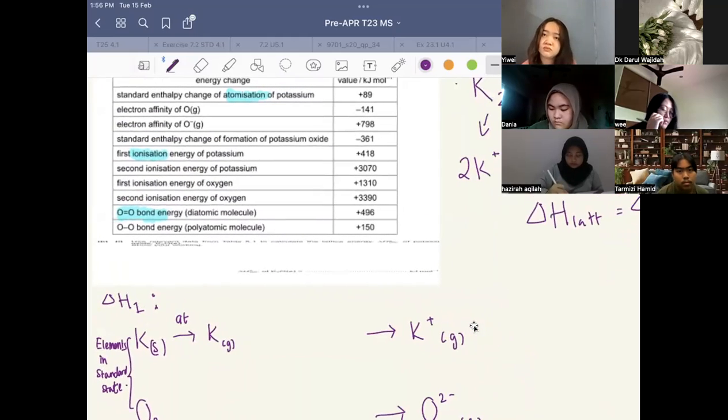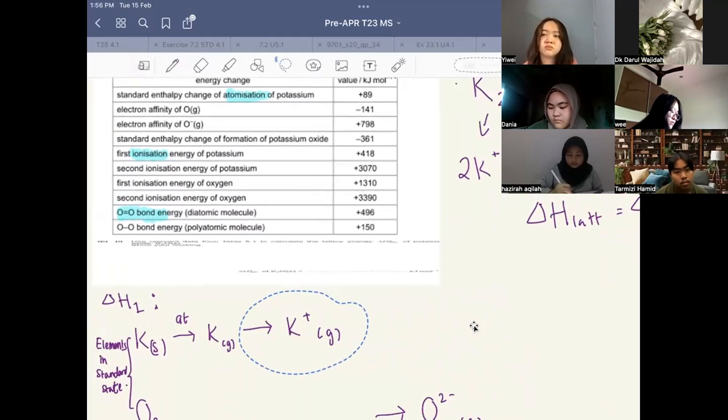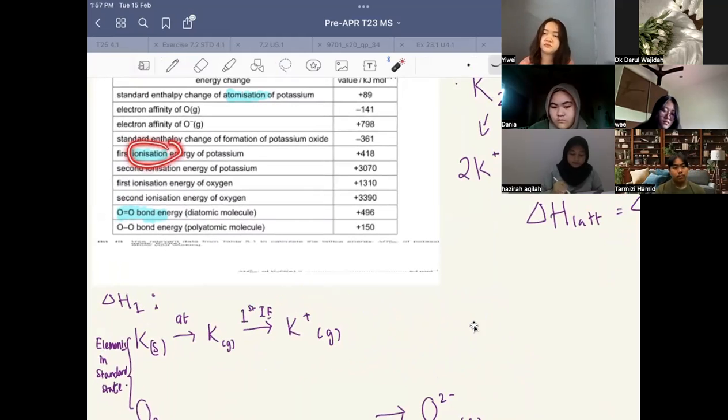After turning the potassium into a gaseous atom, you want to form the cation, okay, which is actually just first IE of potassium here. You notice that they also give you the second ionization energy. That is only to trick you. You do not need it.